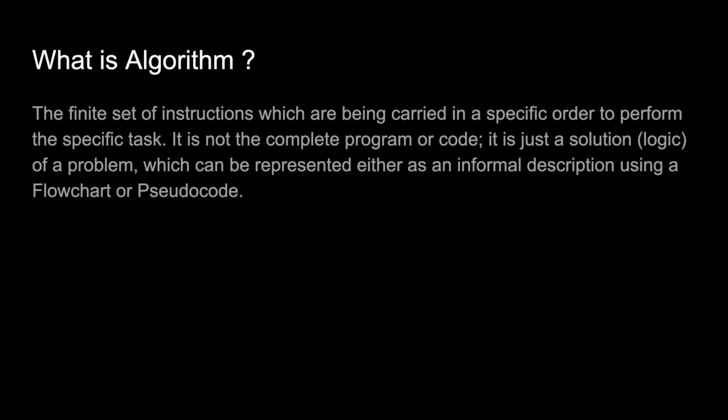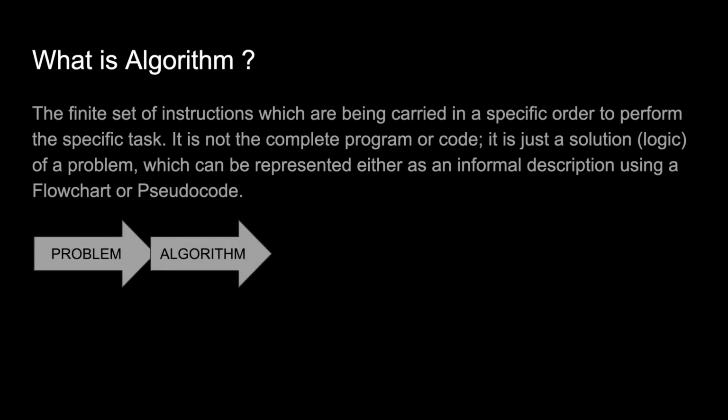Now, to write an algorithm, first we need a problem. We should know the problem statement, and through that problem statement we have to write the algorithm for that problem. The algorithm should be a stepwise solution to that problem. After writing the algorithm, we put some input value to that algorithm.